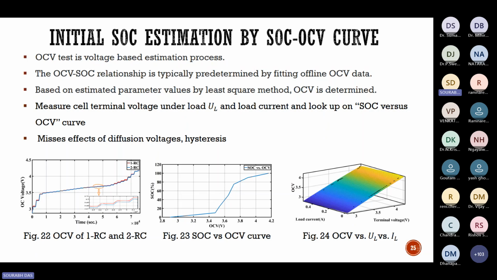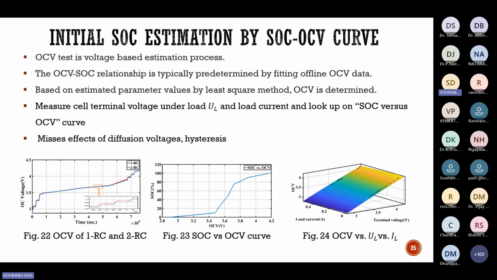But here some approximation is there, because it does not include the effect of the diffusion voltage and the hysteresis effect.